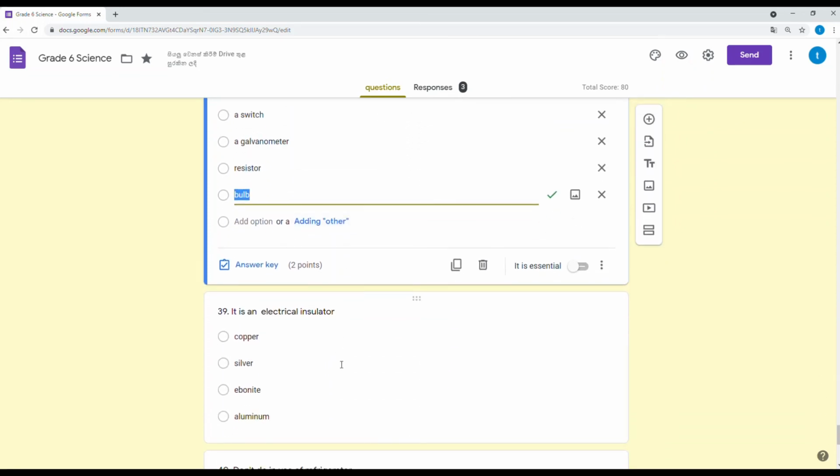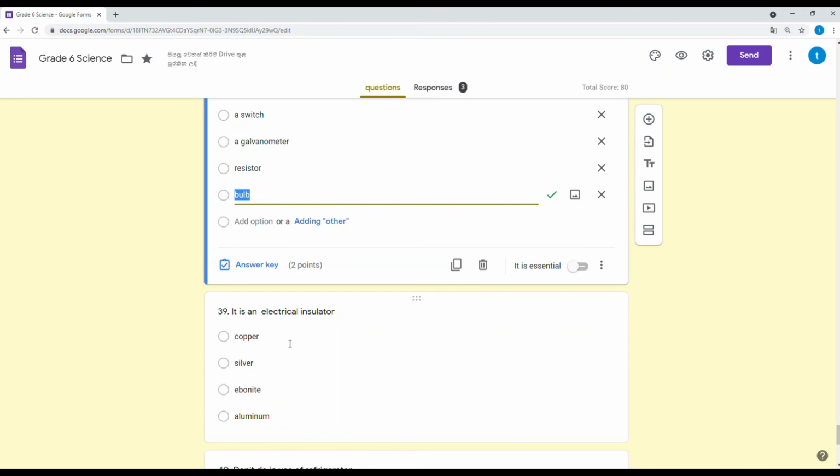Now 39. It is an electrical insulator. The word here, insulator. Insulator means that substance never allows the current to pass. That kind of substances we call insulators. Most of the metals are good conductors.